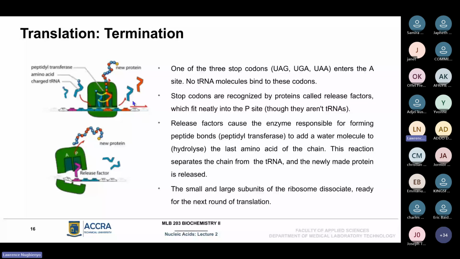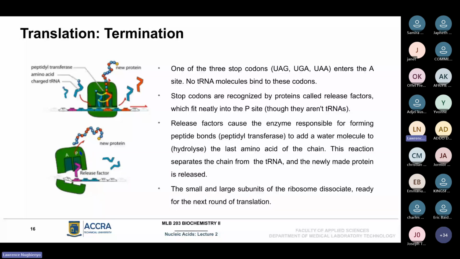After it binds to that stop codon, because the stop codon does not code for any amino acid, that release factor initiates a process of hydrolysis. It's an addition of water into the complex that will cause a dissociation of the peptide which is formed. And so there is a dissociation of the whole complex and the protein is released.